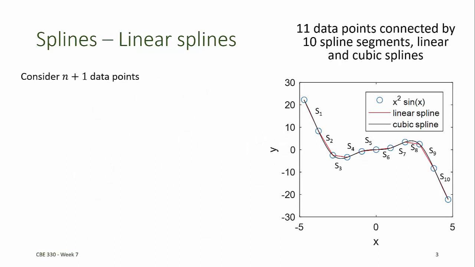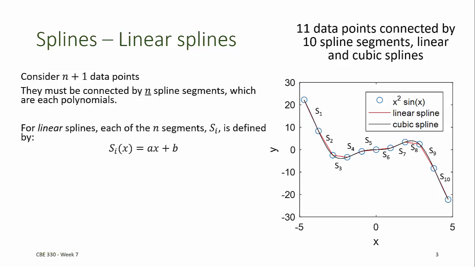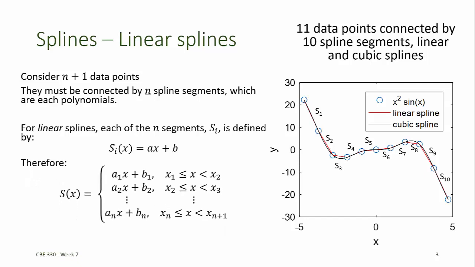Consider this set of 11 data points connected by 10 spline segments using either linear or cubic equations. In general, if we have n plus 1 data points, they must be connected by n spline segments, which are each polynomials. For linear splines, each of the n segments is defined by a line that connects two successive points.